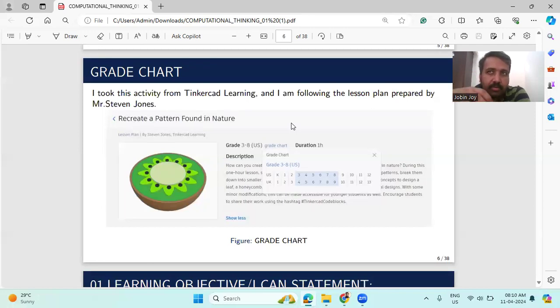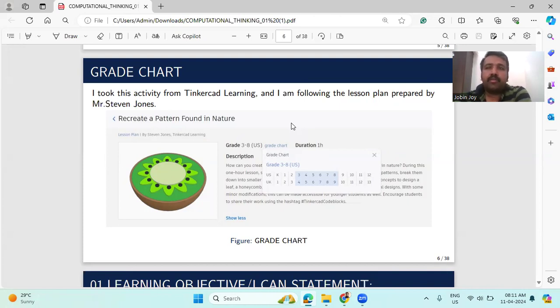Coming to this activity, I took it from Tinkercad Learning, and I am following the lesson plan prepared by Mr. Stephen Jones. In that lesson plan, we can see there is a grade chart. The grade chart shows they are implementing the concept of computational thinking.